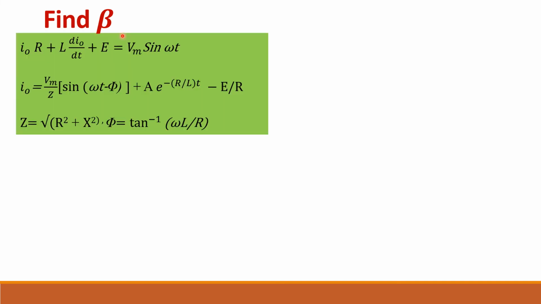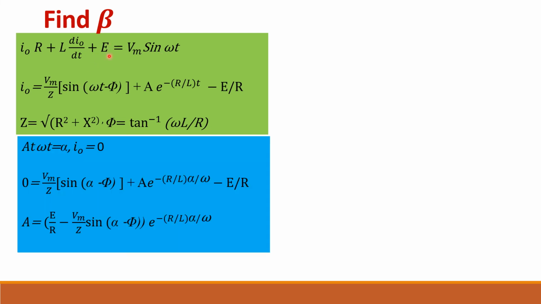Now let us find the value of beta. This has already been derived in the diode rectifier, with the same type of equation, except that you will get one more term, E. So V0 is equal to Vs, and if you solve it, you will get this. You have to find the value of A by applying the boundary condition at omega t equal to alpha and I0 equal to 0.